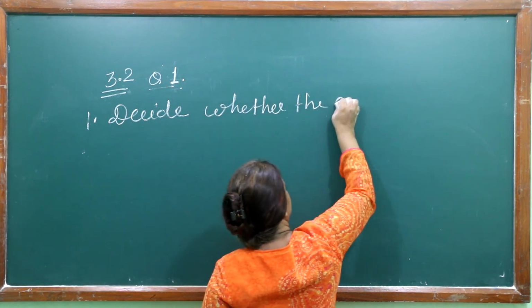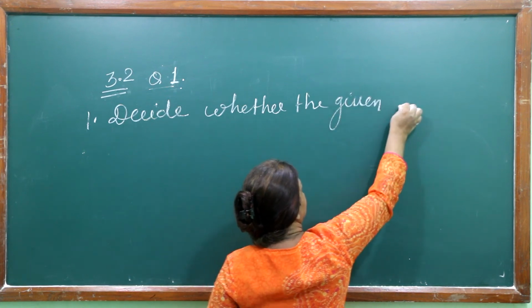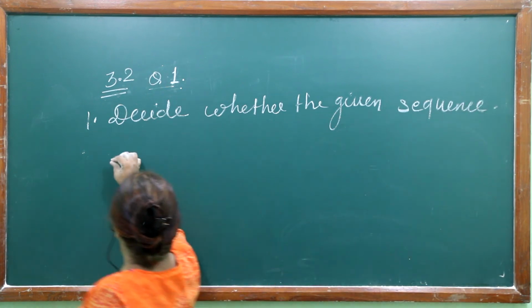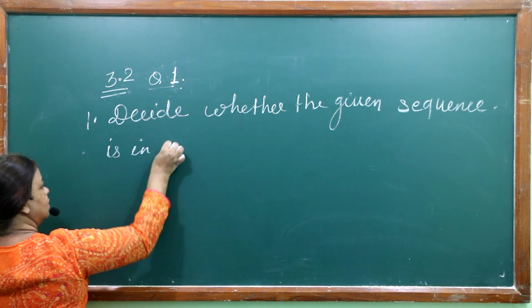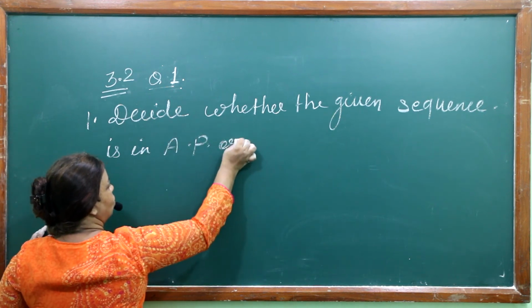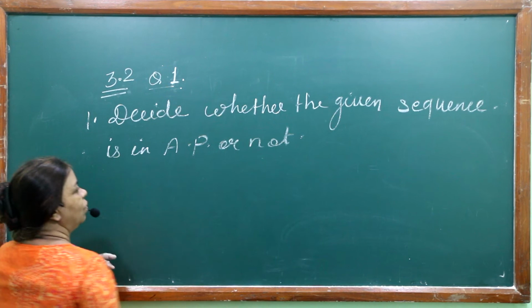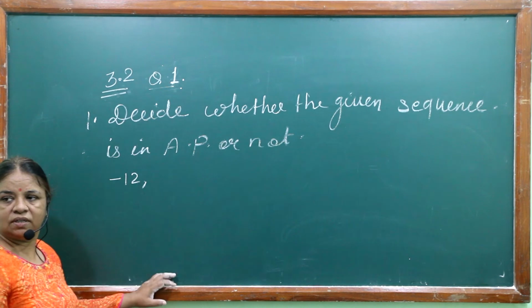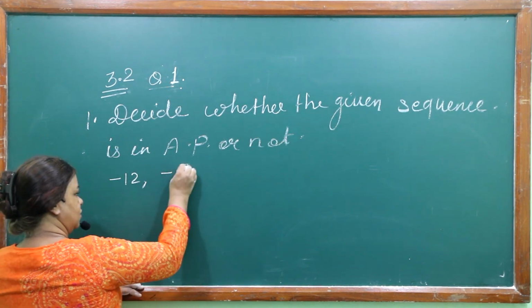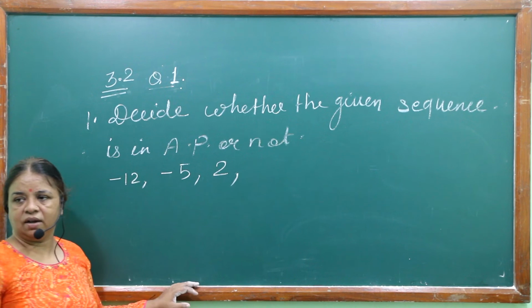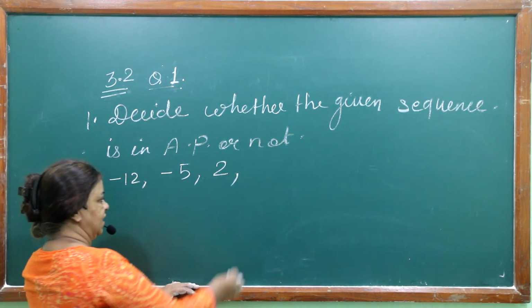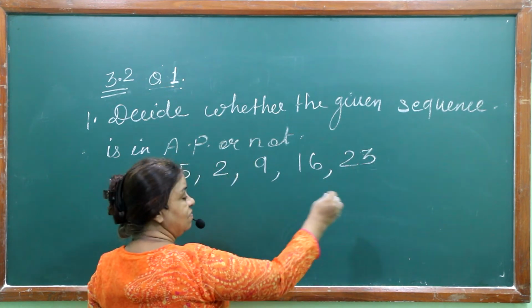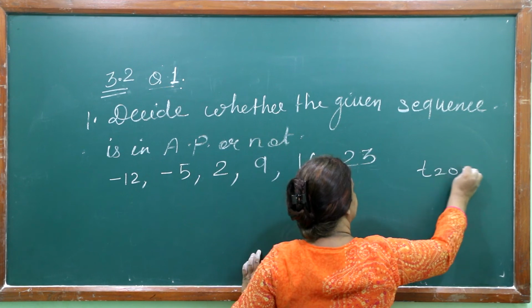Decide whether the given sequence is in AP or not. The sequence is minus 12, minus 5, 2, 9, 16, 23, and we were supposed to find the 20th term.